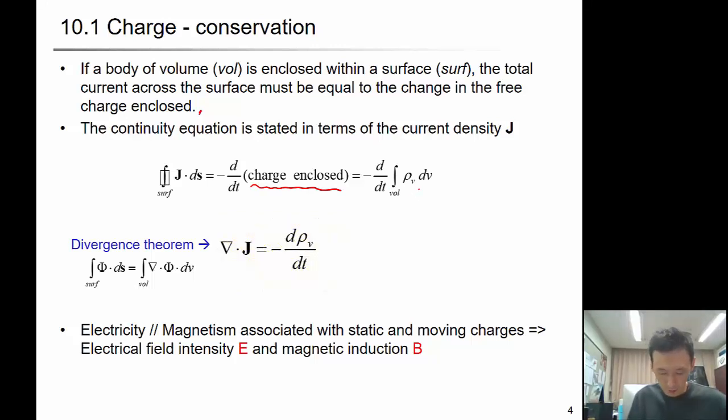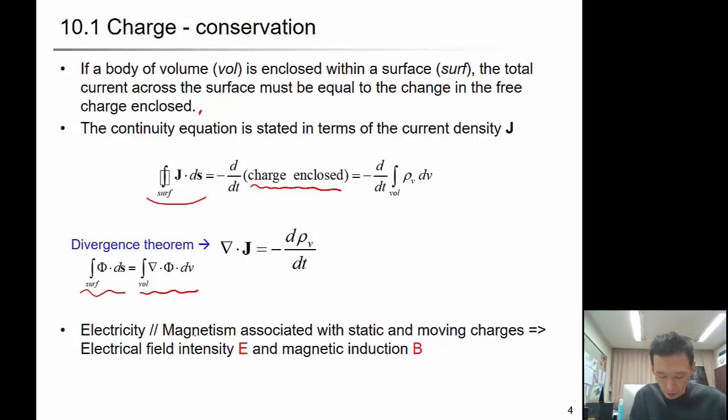Recalling the divergence theorem, the surface integral can be converted to a volume integral, and then you have only d rho v over dt. So the divergence of the current density is equal to the change in volumetric charge density with respect to time.